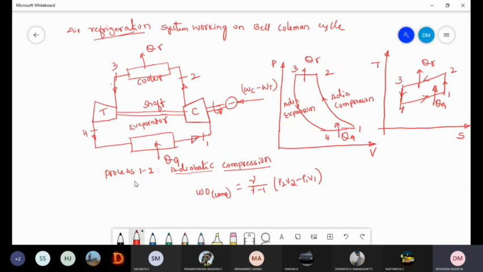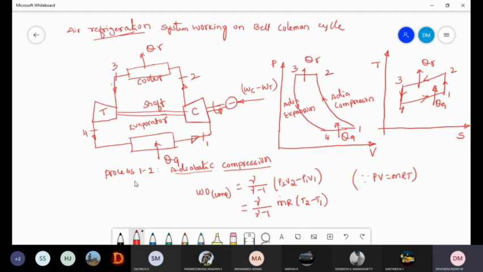You can write PV is equal to MRT. So I'll write this as gamma divided by gamma minus 1, M into R into T2 minus T1.